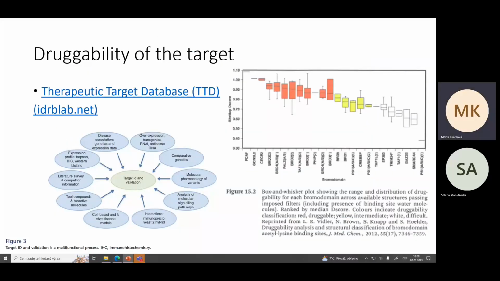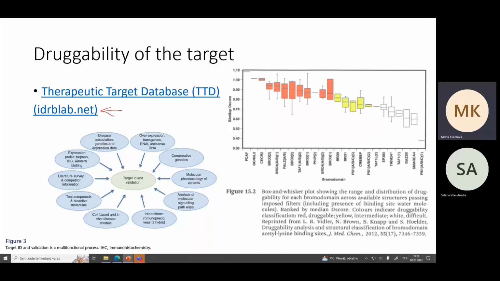Just to illustrate the druggability of the target, there is an online database where you can find different drug targets, and on the right side there is an output from testing druggability of bromodomains. These are proteins that can be used in cancer treatment as the target.